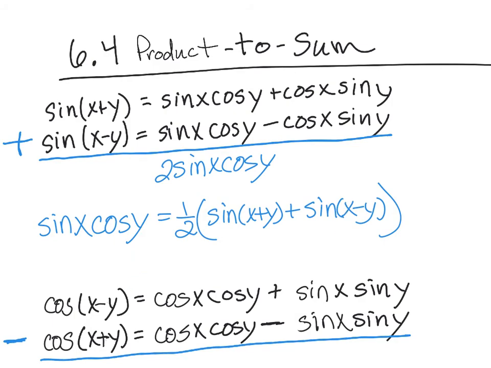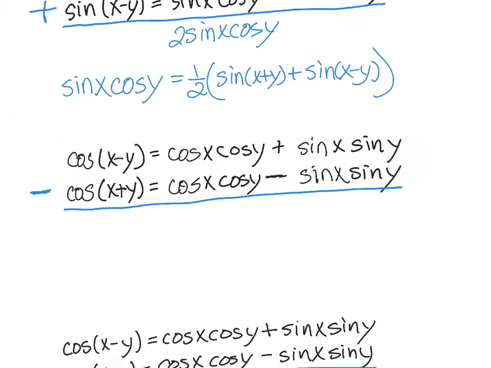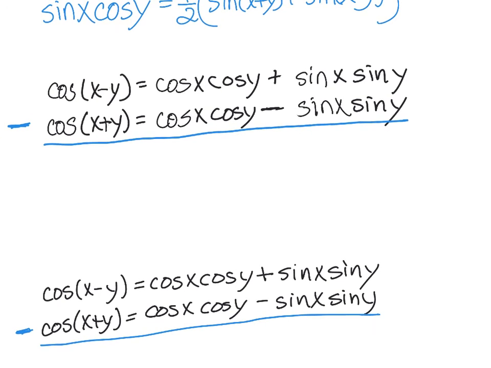Next, if you have 2 cosines or 2 sines, here, if we subtract the cosine of the sum from the cosine of the difference, look at what happens. The cosine subtracts away, and we're going to get sine x sine y, a product of 2 sines. The negative is going to give us 2 of these, right?